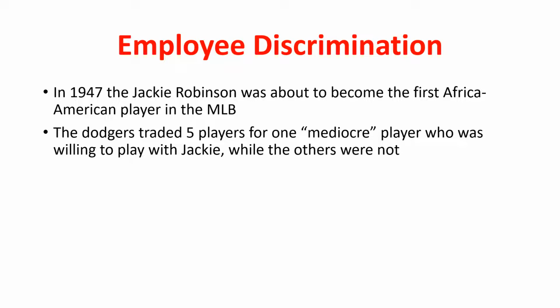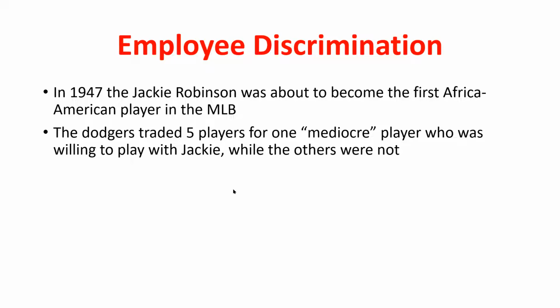If I can find 5 non-discriminatory players of close to similar quality, maybe I'll take a little bit of a hit on each one of them. If I can't perfectly find the exact same quality player, the next best non-discriminatory player is a little bit less in quality. Well, if I lose a little bit on all 5, but I gain a ton from adding this one player, Jackie Robinson, then I'm okay doing that.